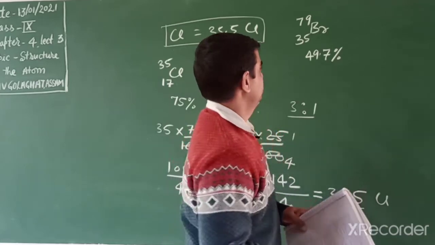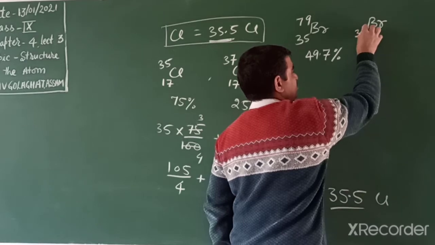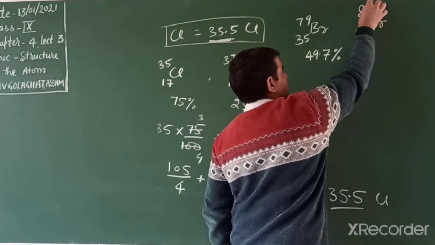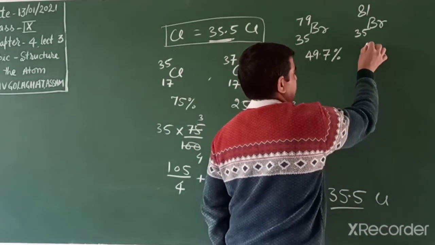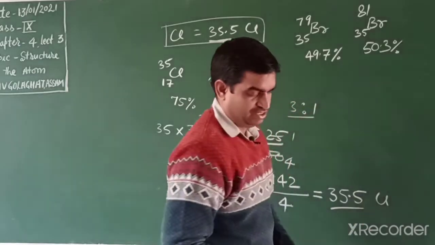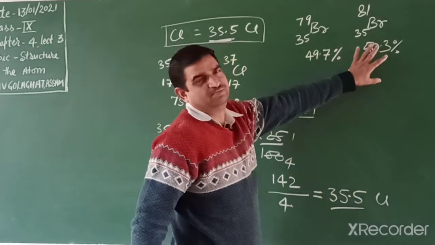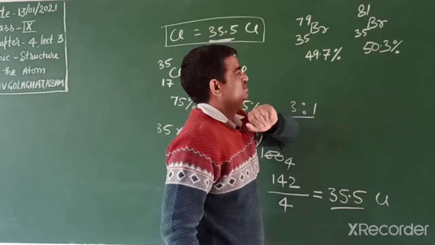The other isotope is bromine 35, mass number 81. This isotope is found in the remaining 50.3%, or we can say almost 50%, near 50: 49.7 and 50.3%.